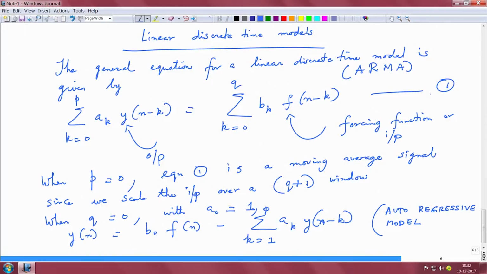So, when p equals 0 it becomes moving average, and when q equals 0 it becomes autoregressive, an autoregressive model of order p. Why is it called autoregressive? Because this signal y of n expresses itself, and therefore it is called an autoregressive model.